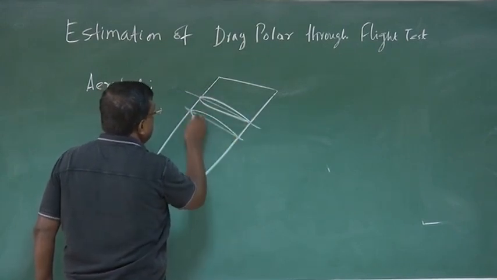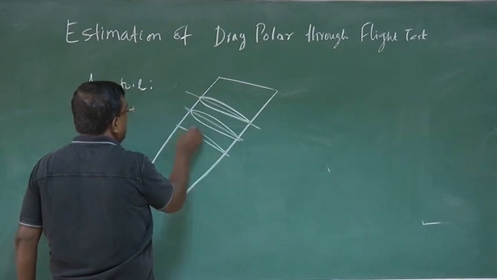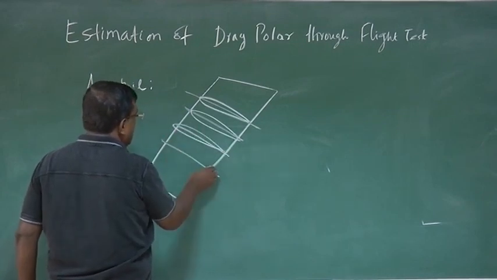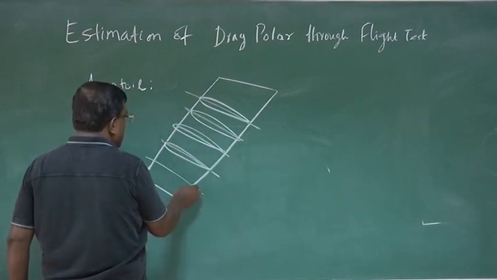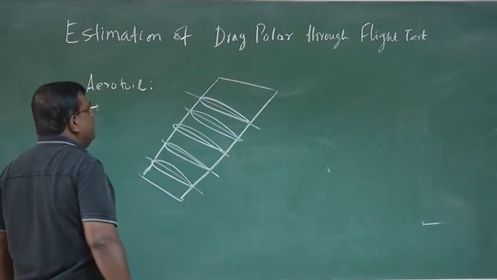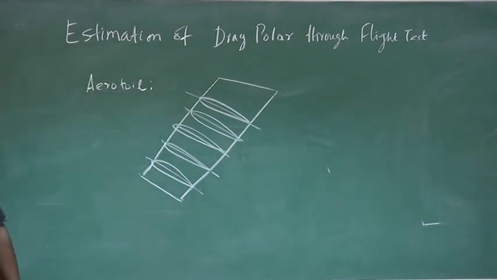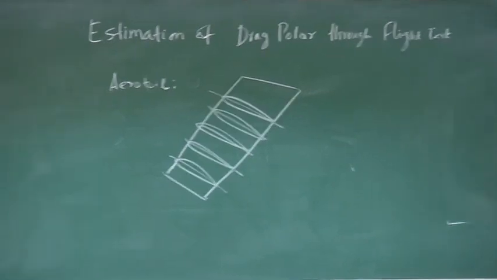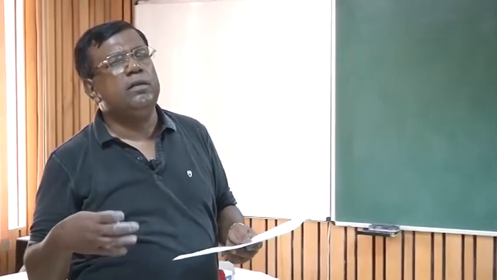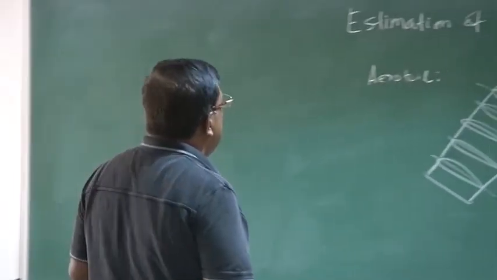Okay? Please also understand that it's not necessary that the same aerofoil will be used at every location along the span of the wing. We will try to know, if time permits, how do I decide where do I put what type of aerofoil. Okay?